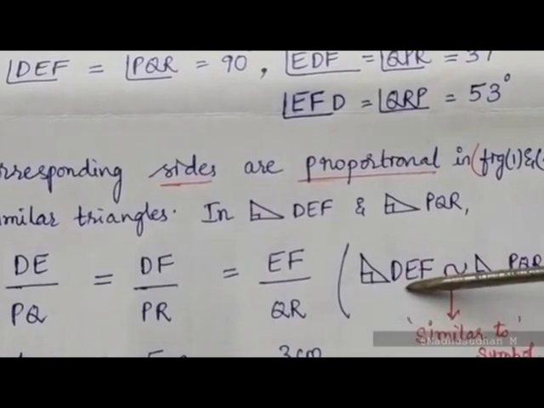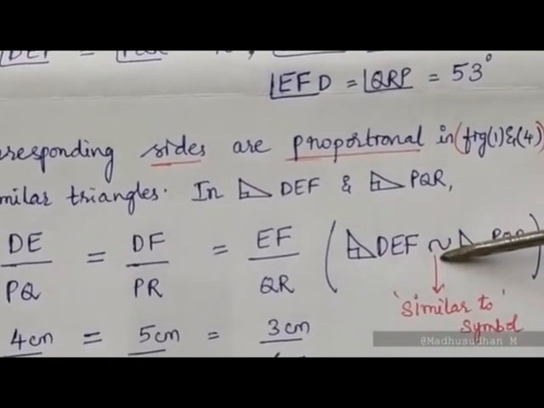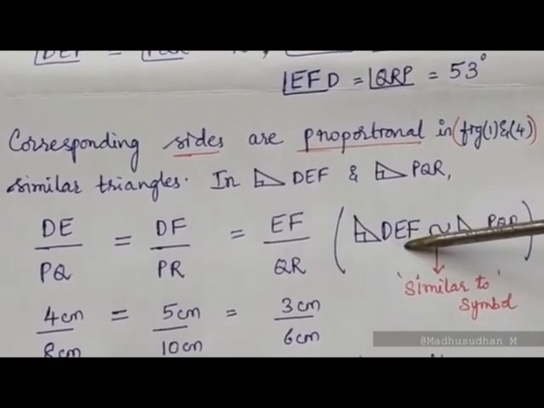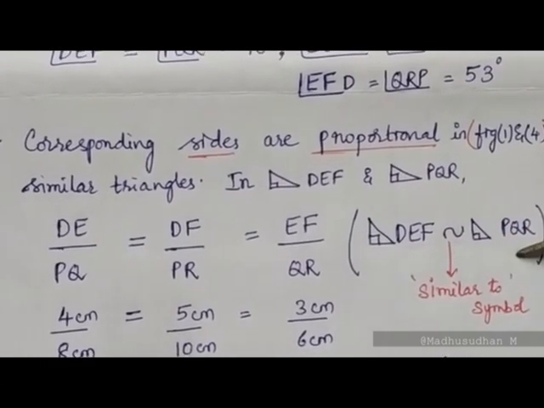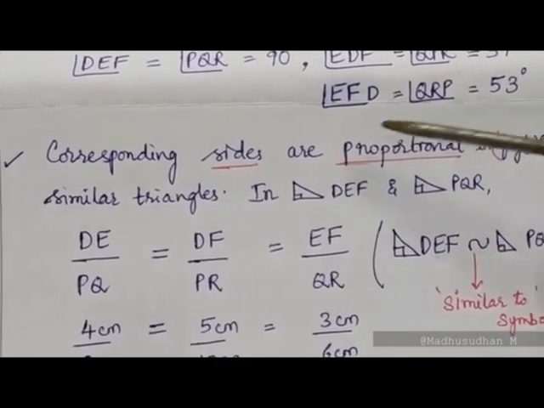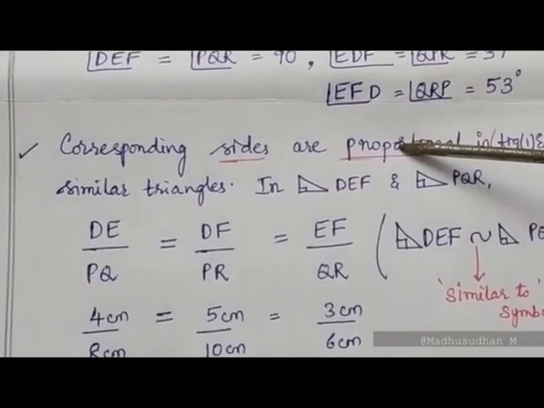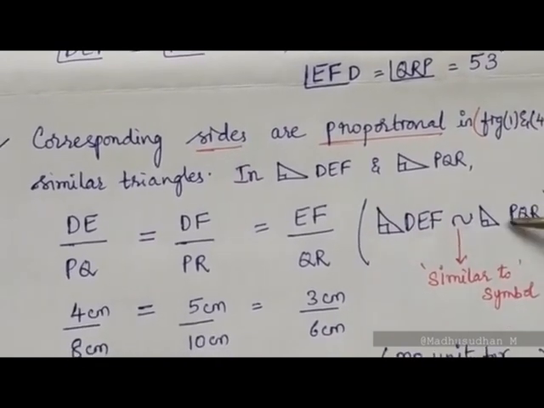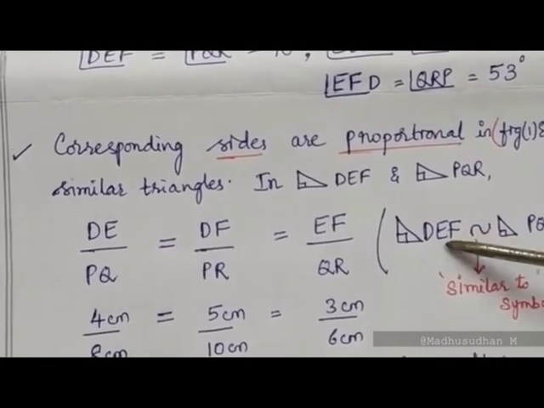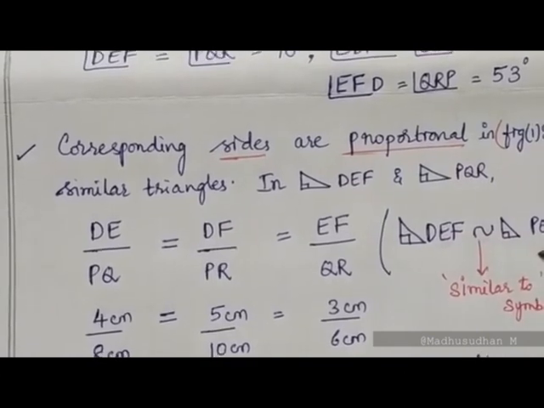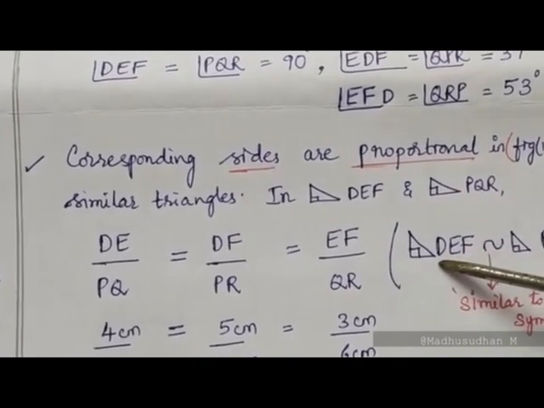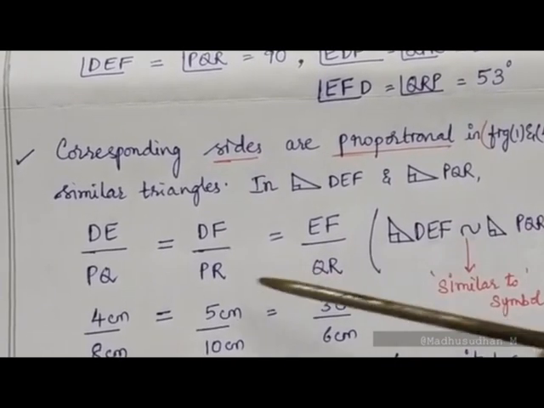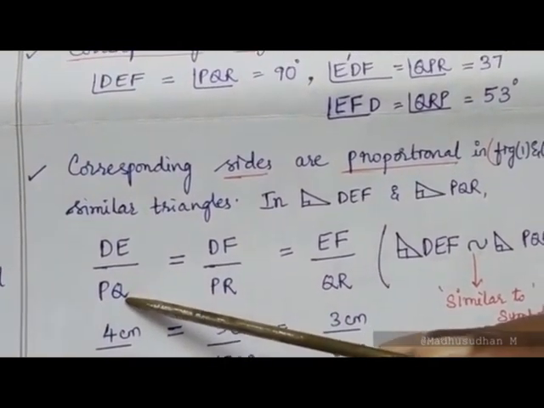Right angled triangle DEF is similar to triangle PQR, and this is the symbol to be used for the similarity condition. When the corresponding sides are proportional, please understand here, DEF and PQR are written from the same vertices for both figures. The first two, DE, and the first two here, PQ, are written in terms of ratio. Followed it, children?